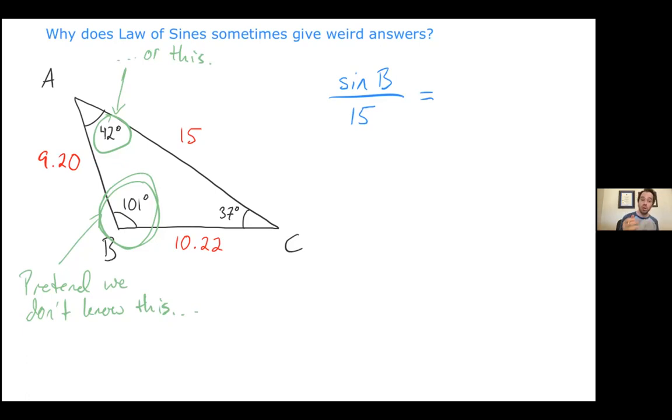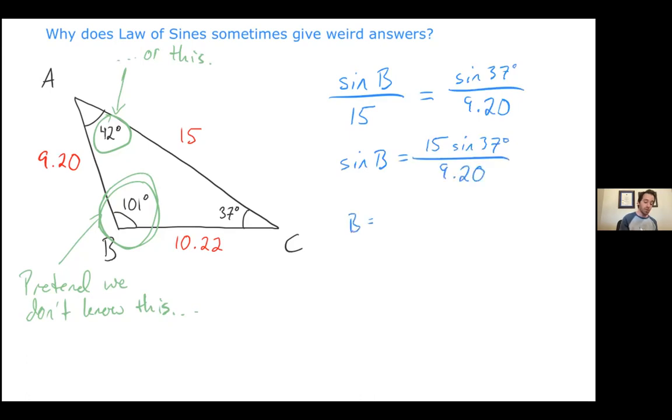I'm going to pick that one because that's the other one where I know both of them. So this is sine of 37 degrees over 9.20. Okay, well, so far so good. That means sine of B equals 15 sine of 37 degrees over 9.20.